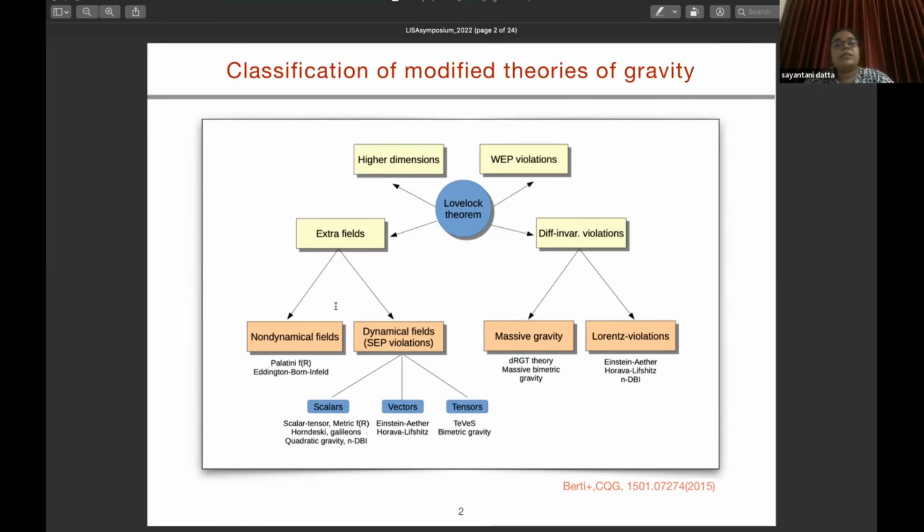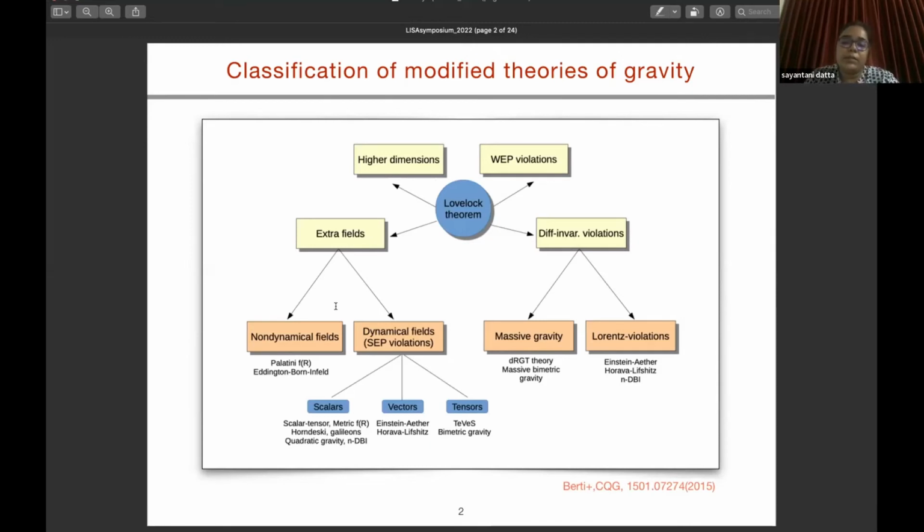We could also consider the Einstein-Hilbert action in higher dimensions. Then there is weak equivalence principle violations due to non-minimally coupled fields to the stress energy tensor. And then, of course, there could be some form of diffeomorphism invariance violations.